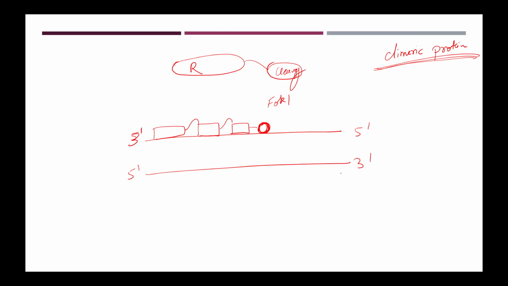Similarly, this needs to be dimerized, right? So on the other strand also, those zinc fingers will be required, right? But the sequence will differ. Okay, if I write any sequence.